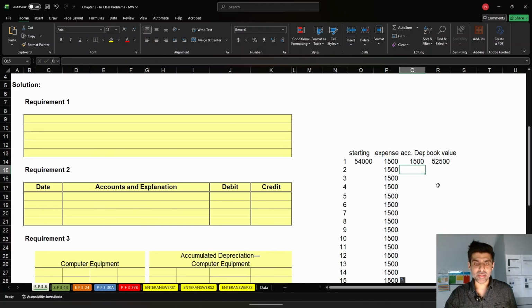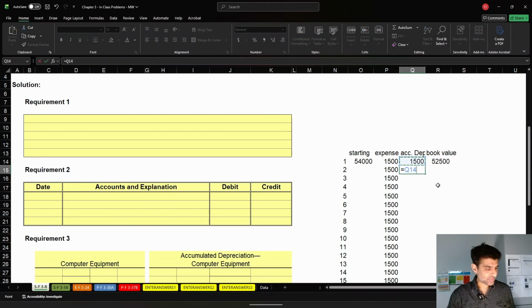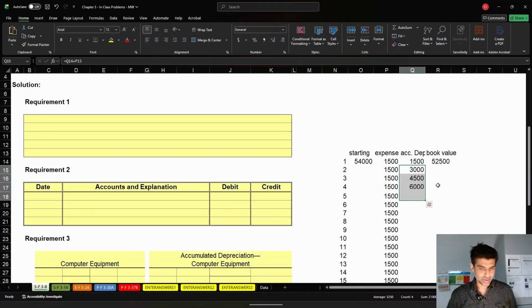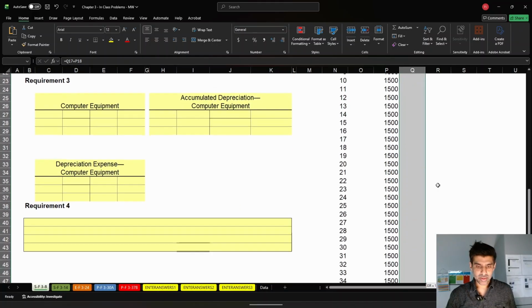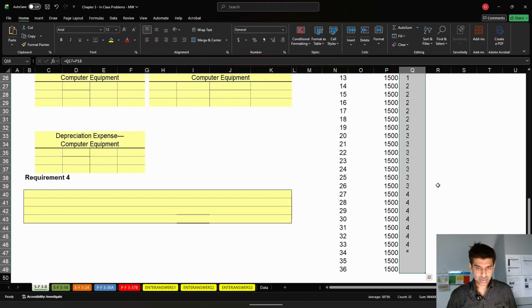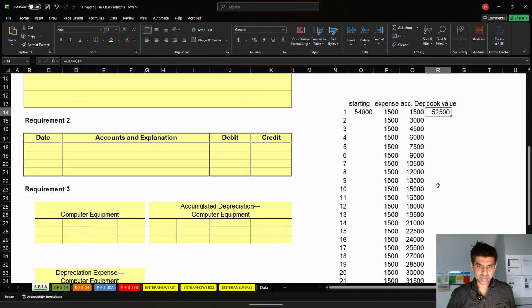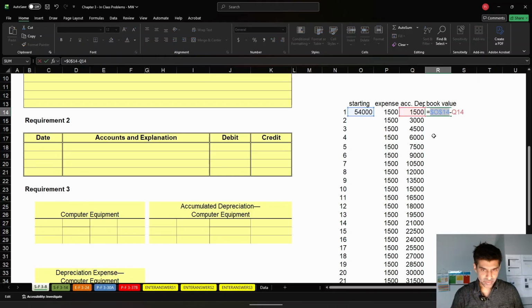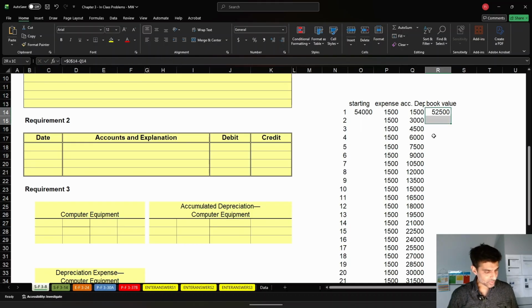It's the same amount of expense every month. The accumulated depreciation is just the balance from the previous period plus what is happening. So you can see here, this is just going to keep accumulating down, right? And then this book value is just equal to my starting balance, which is, let me just fix this. Okay, so now you can see it's reducing every period.